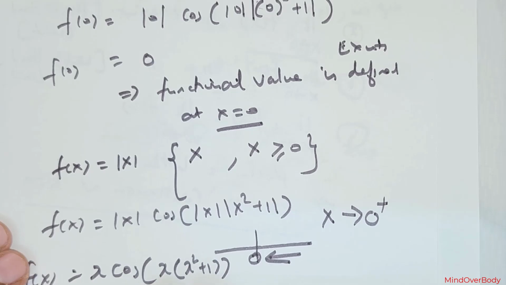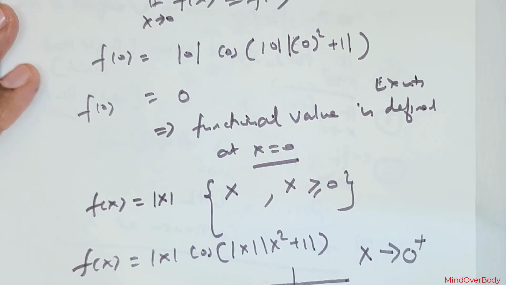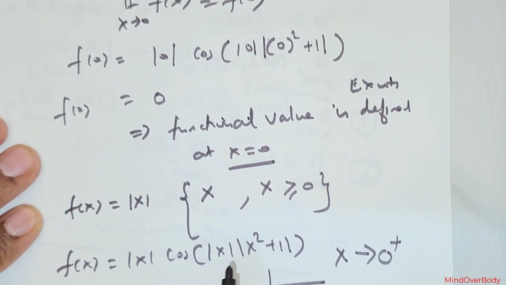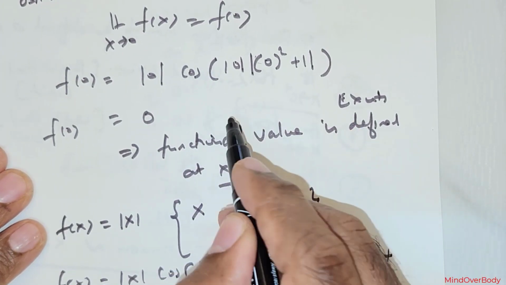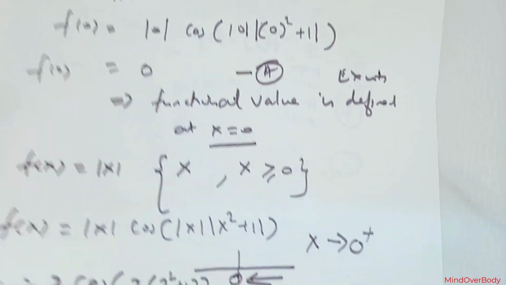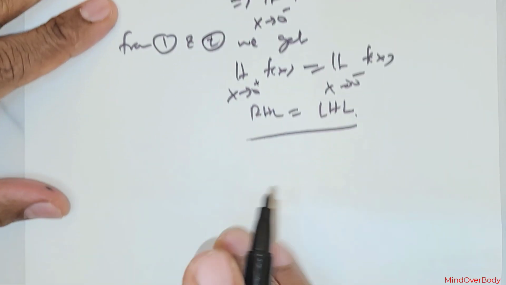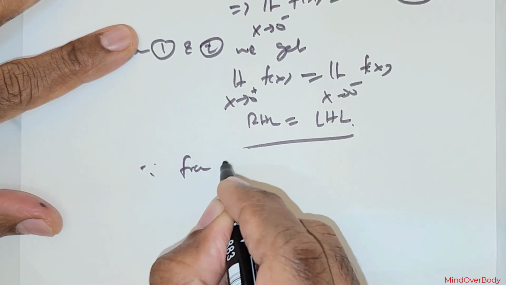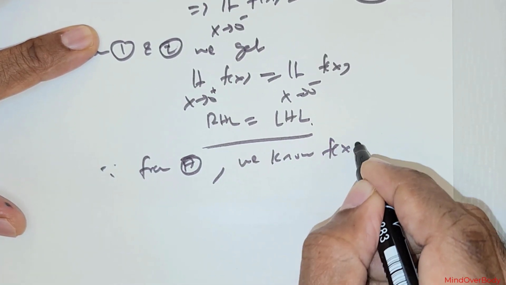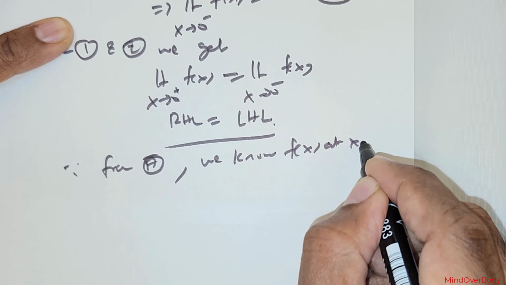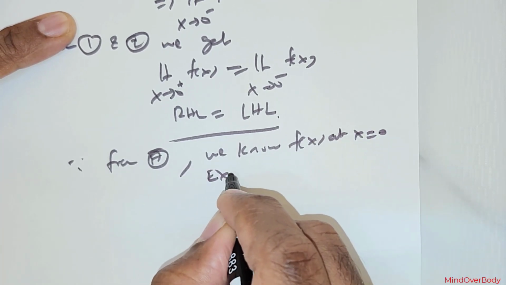Now go back to the first page of the solution. Now clearly we have shown the functional value. If I were to write this as a, since from a we know f of x at x equal to 0 exists.